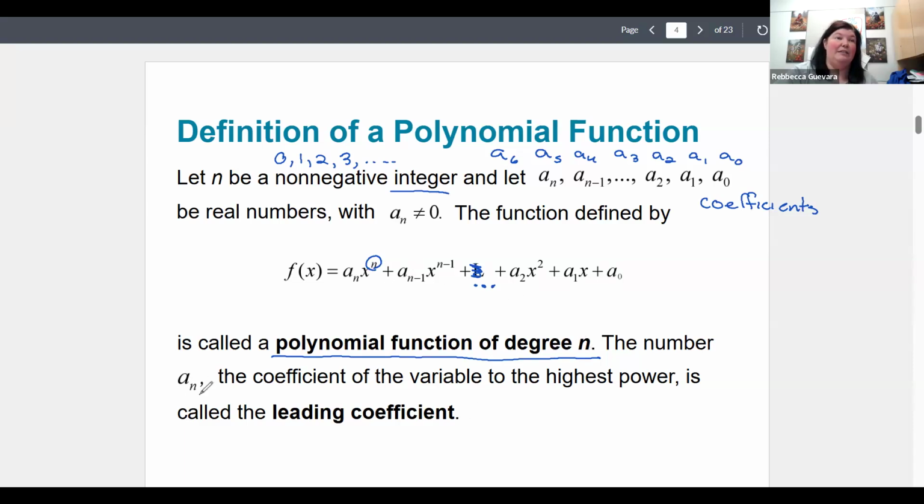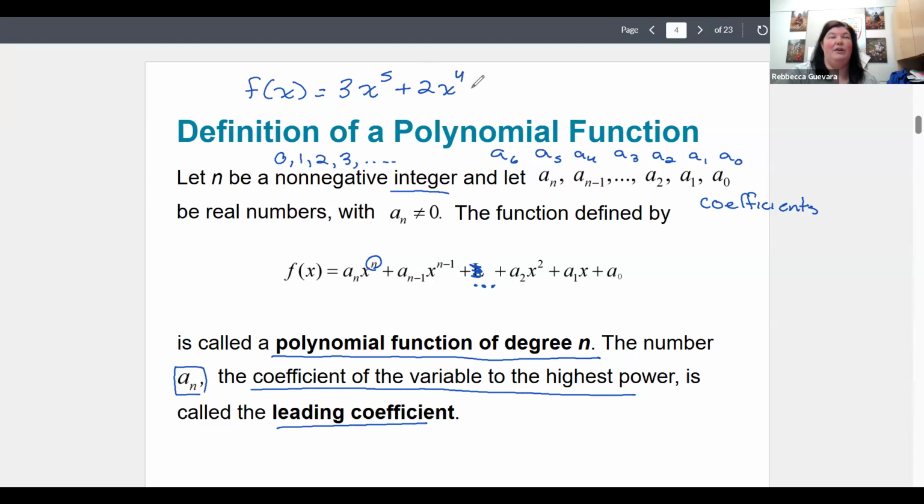The number a sub n is going to be the coefficient of the variable with the highest power, or what we call the leading coefficient. An example of this would be if f of x is equal to 3x to the 5th plus 2x to the 4th minus 11x to the 3rd plus x squared minus 7x plus 33.